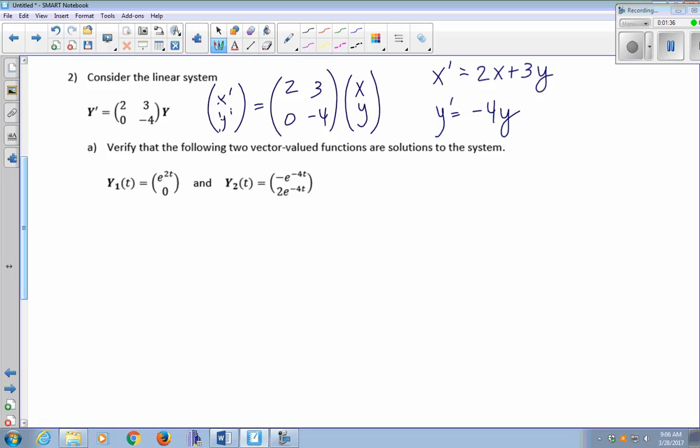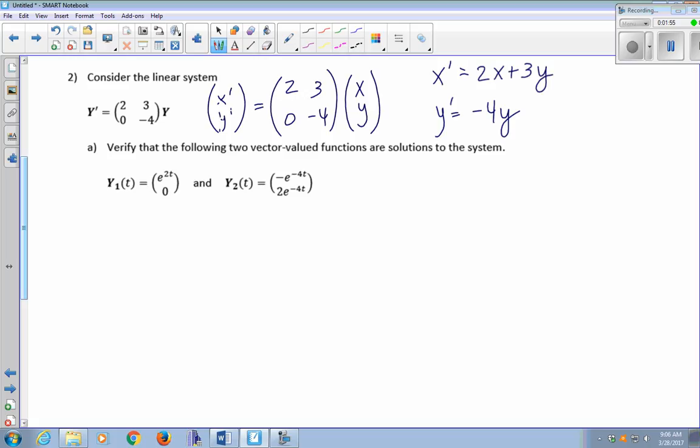All right, so I want to verify that these two vector-valued functions are solutions to the system. So vector-valued function just means that the output is a vector. Okay. So see how y1 is bold? That means that it's actually representing an x1, y1.